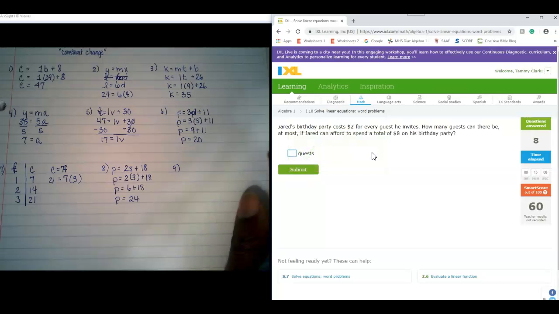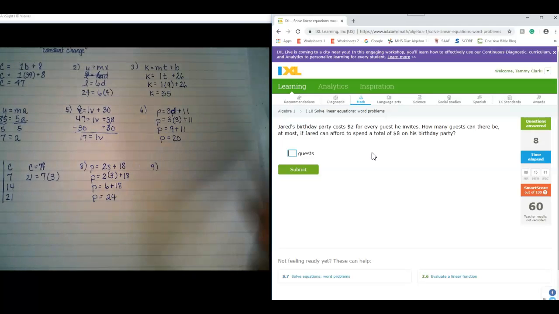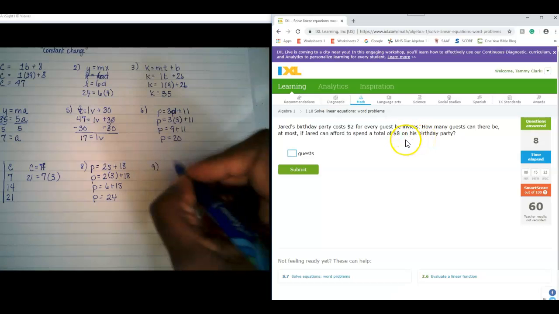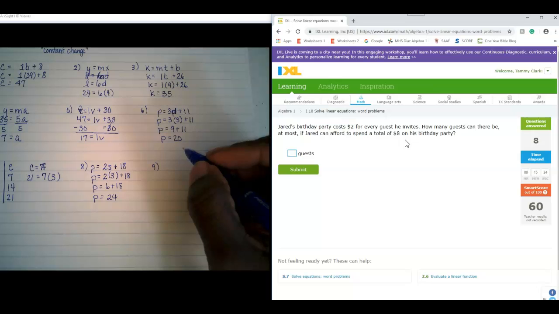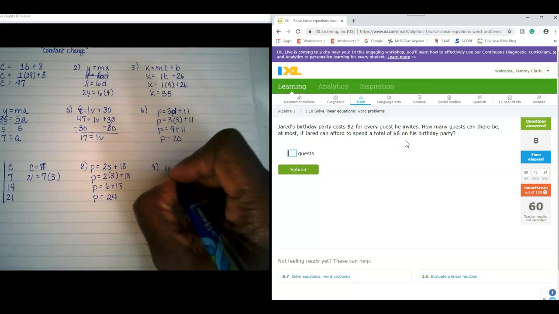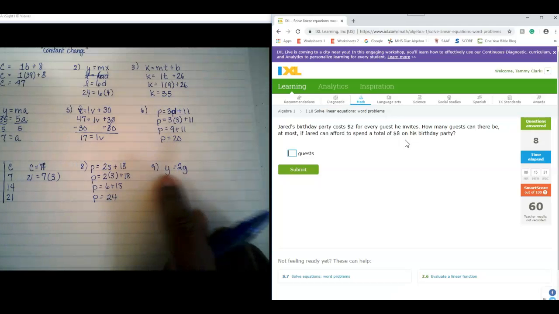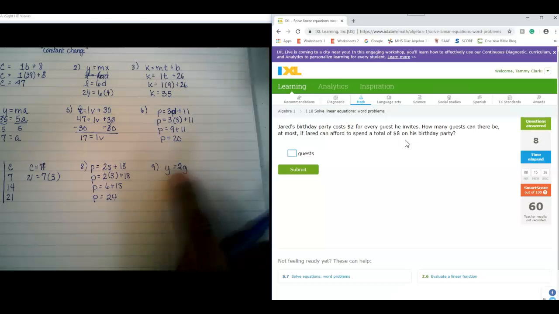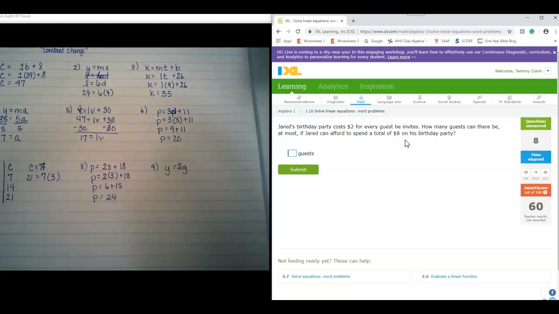Number 9. Jared's birthday party costs $2 for every guest he invites. How many guests can there be at most if Jared can afford to spend $8 on his birthday party? So if it costs $2 per guest, okay, this is called a proportional equation, because as X goes up, or as the input goes up, the output goes up, right?